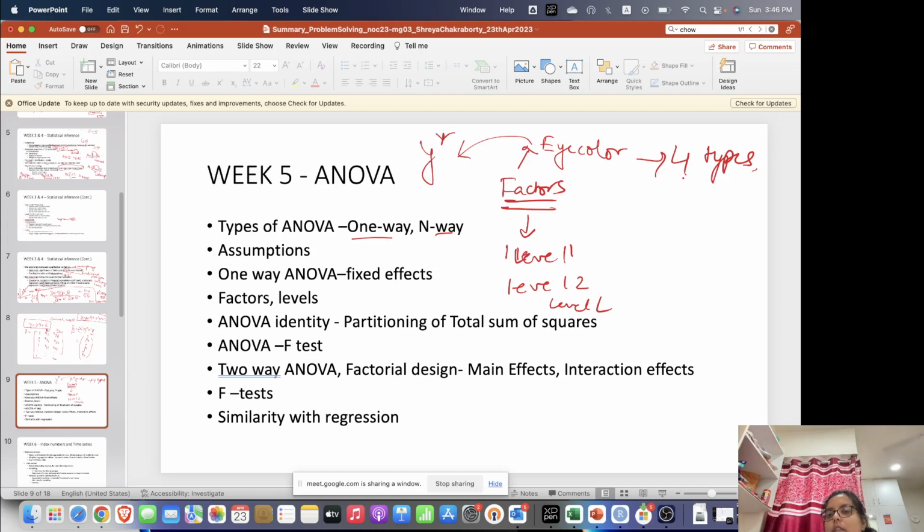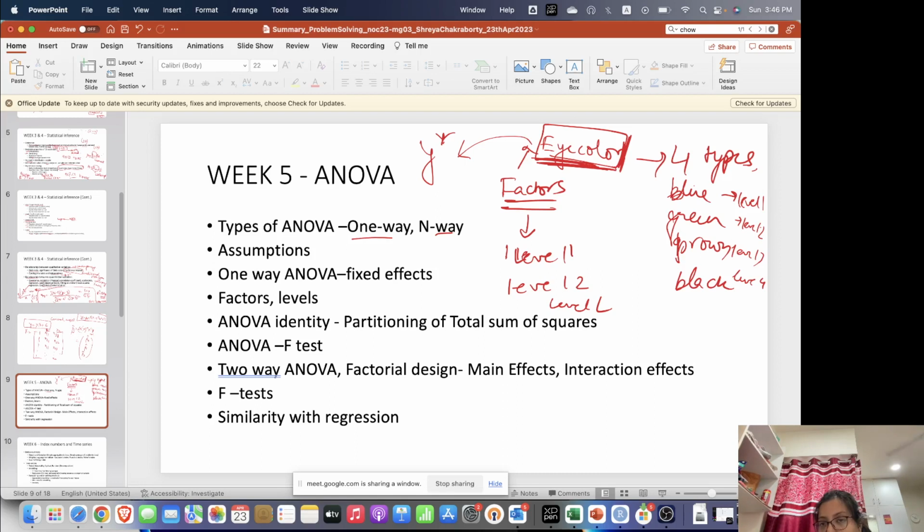Okay, so these 4 categories, let's say blue, green, brown, black, these are the levels. So this is level 1, level 2, level 3 and level 4, but eye color is the factor that we are considering in our model. While doing this, if we have to fit this, it would be a one way ANOVA model.